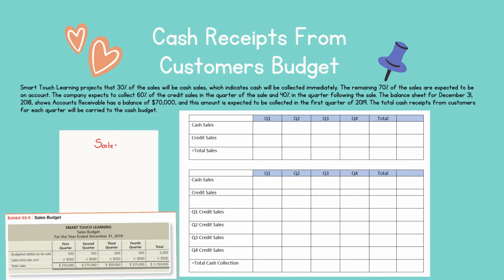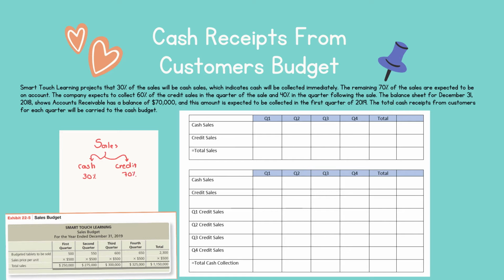Now sales will be divided into cash sales and credit sales. Cash sales will be collected in the same quarter, so it's going to be 30% of my total sales, while credit sales, the on account sales, will be 70%.